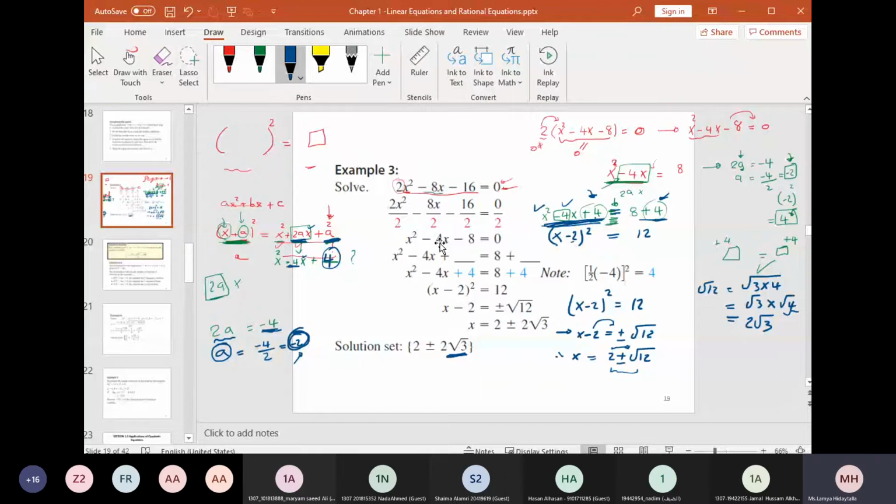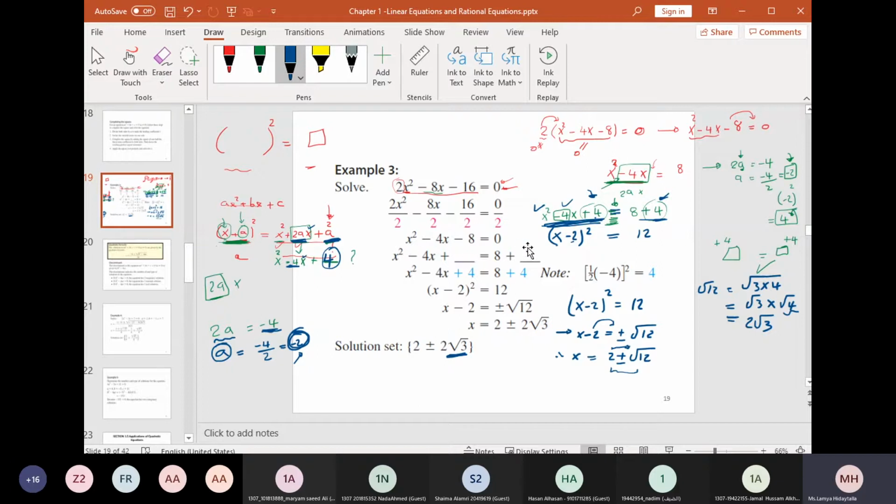It will give me the A, because this is x, which is from here, and I don't want that, I just want the A. So the A is just minus 4 over 2, so it is minus 2. So what is A square? Minus 2 squared, which is 4. So you're going to add 4.